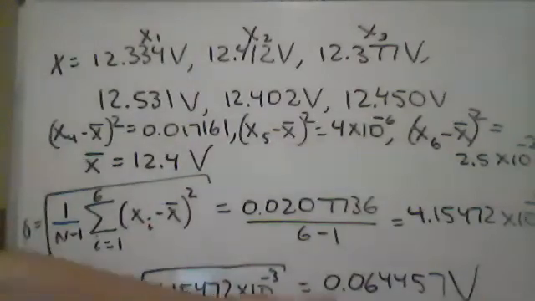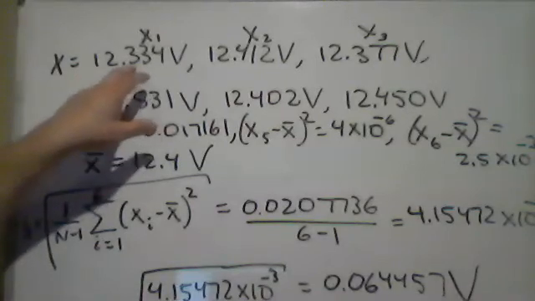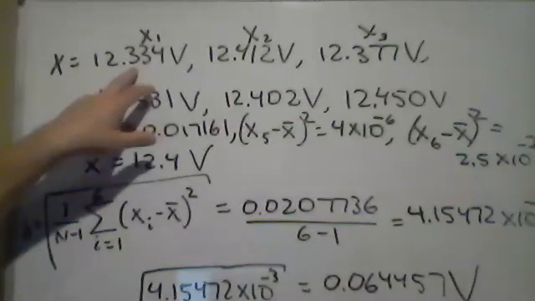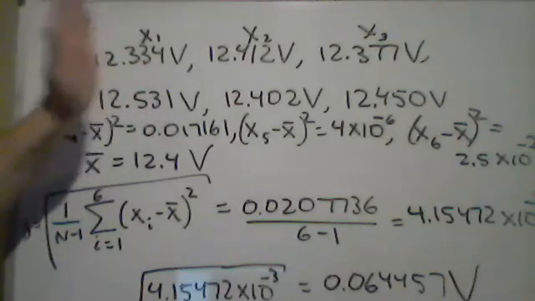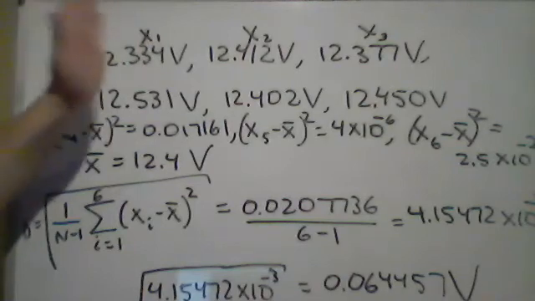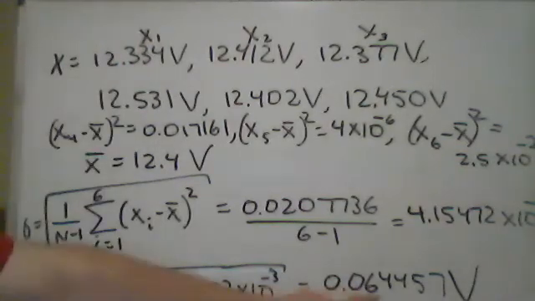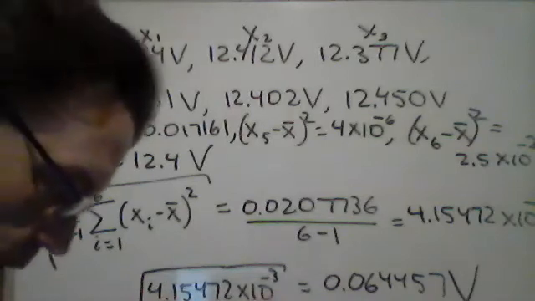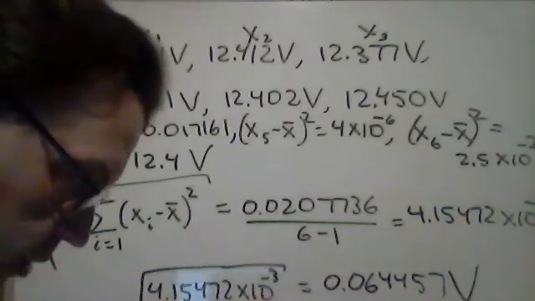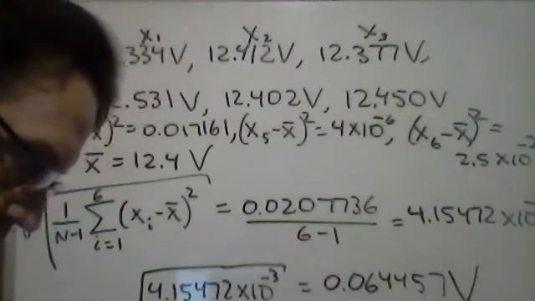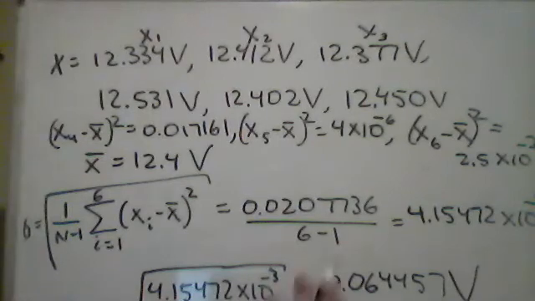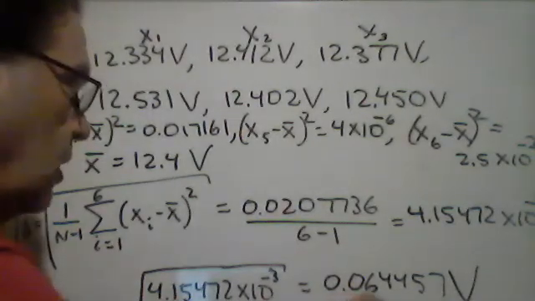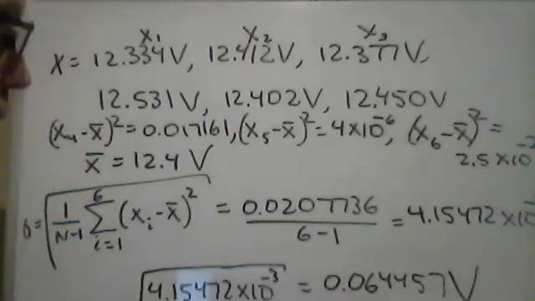Now the question is, well, how well do I know this calculation? Well, this calculation is telling me that my precision is right after the 1 in the tenths place, right? So this is the hundredths place. The best I can really do is write down that the value is only going to be good to the tenths place. So I take a look at the 6.